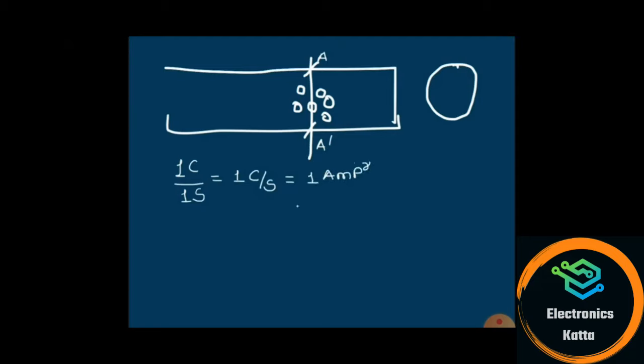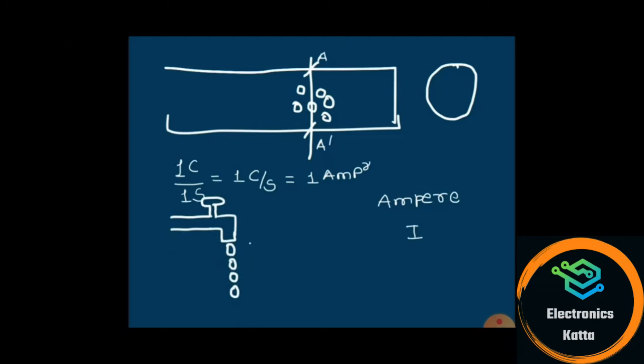The current can be defined as the rate at which electrical charge is passing through this reference point. The current is measured in the unit of ampere, and it is denoted by the symbol I. To understand the concept of current, let's take an example of tap water.